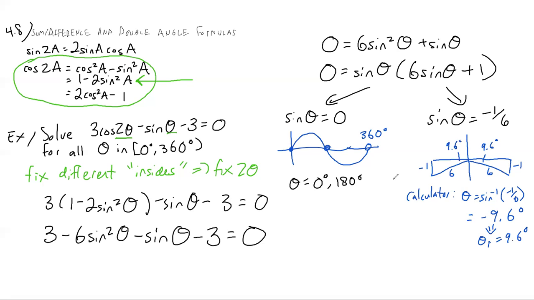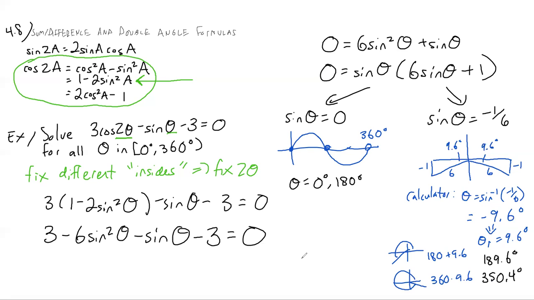And so for my 2 actual solutions, I would have 180 plus 9.6, and I'd have 360 minus 9.6. So my 2 solutions will be 189.6 degrees or 350.4 degrees.